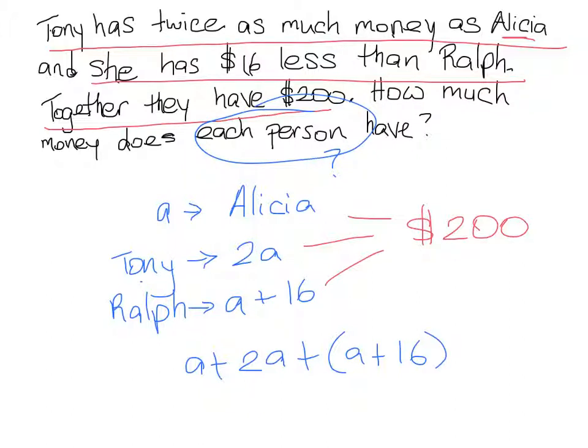A is Alicia, right? 2A is Tony. And A plus 16 is Ralph. We have that all written above. Well, when you add that all together, you get 200. All right, so it seems I ran out of space. So hold on, I'm going to screenshot this and move on to the next page.